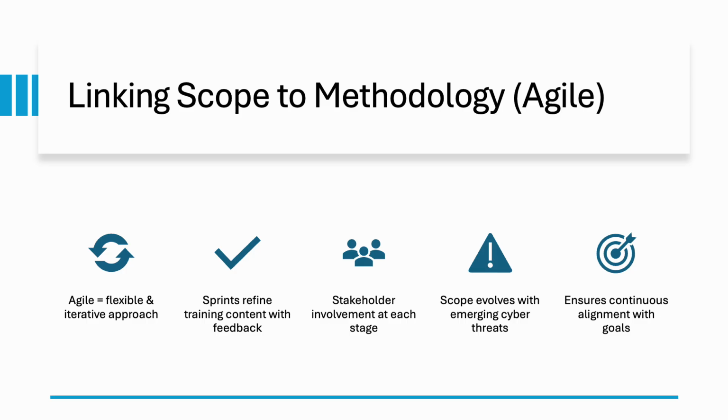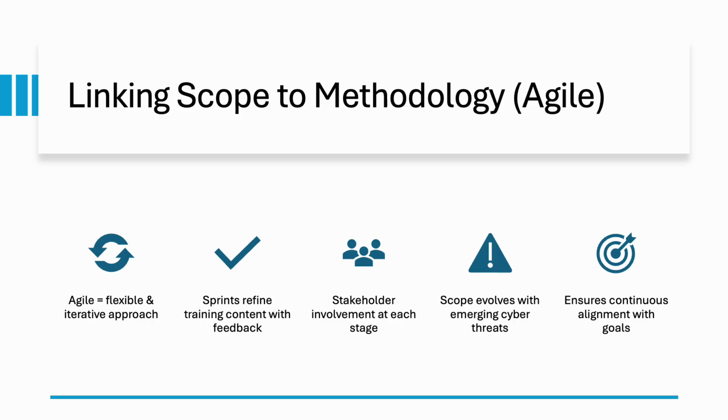For example, employees might pilot test a phishing simulation in one sprint and provide feedback on its clarity and realism. The feedback is then incorporated into the next sprint, refining the module before organization-wide rollout. This direct stakeholder involvement ensures that the evolving deliverables remain relevant and aligned with expectations.